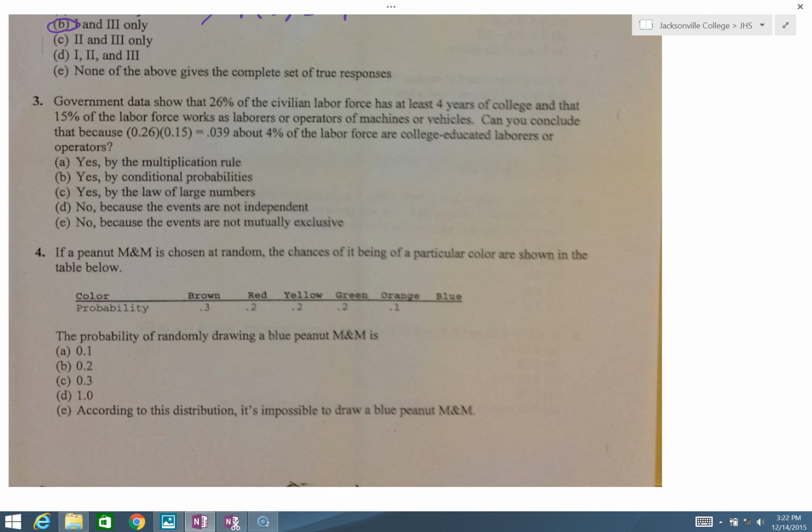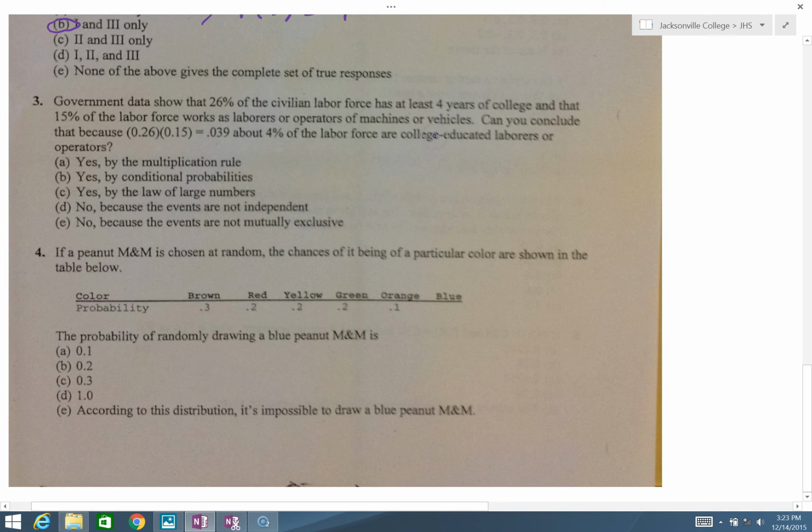3. Can you conclude that we can multiply in this case? Well, we can multiply when the events are independent. Government data shows 26% of the civilian labor force has at least 4 years of college, and 15% work as laborers or operators of machines or vehicles.